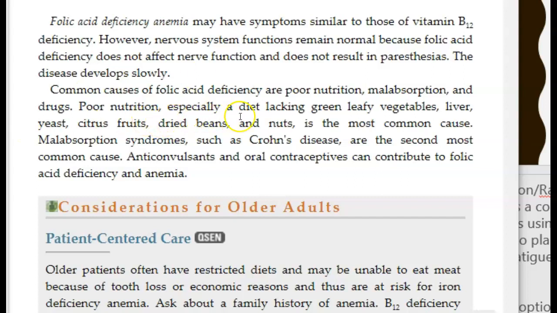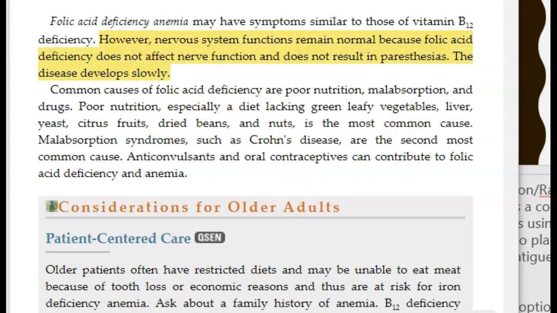Poor nutrition, especially a diet lacking in green leafy vegetables. So you know that these things are high in iron: green leafy vegetables, liver, yeast, citrus fruits, dried beans, and nuts. That's teaching we can do for our patients concerning foods that are high in iron. I want you to read this area because it's very important.